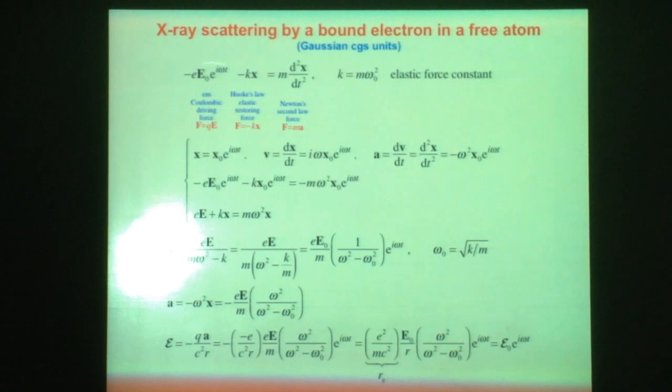So this is the driving force, the incident electromagnetic wave, and it's a Coulombic force of the form QE. But since it's a bound electron now, there's a Hooke's law component, that as the electron gets farther from the nucleus, it would want to be restored.